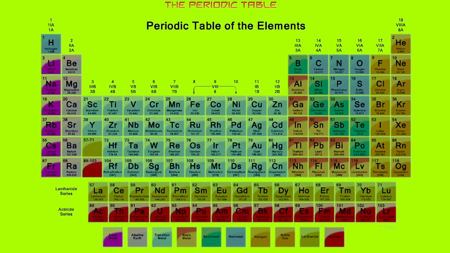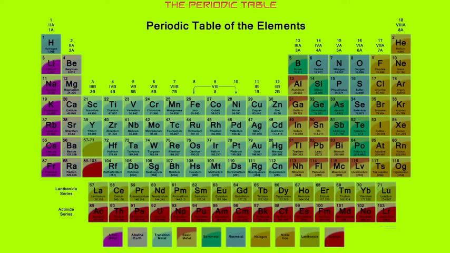The periodic table has 18 columns and 7 rows. The rows are called periods and the columns are called groups. Columns 1 and 2 and 13 to 18 are numbered in Roman numerals as 1A to 8A. The columns in the middle are numbered from 1B to 8B, but we will not take up that now.